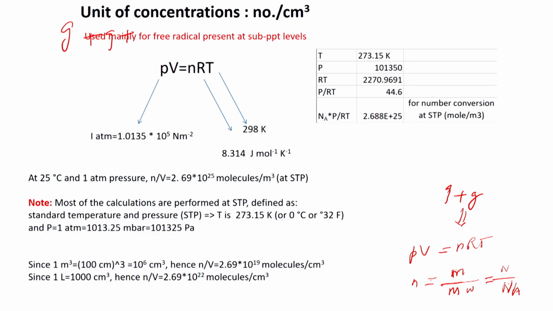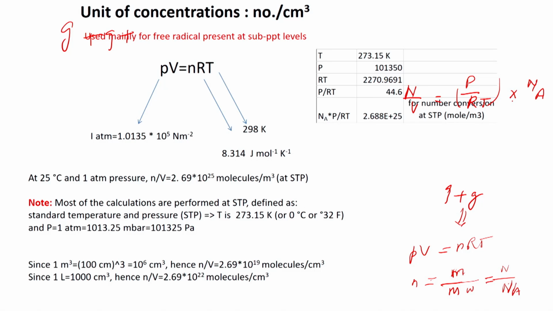So, for example, if I put this equation as n by Na, I can write n upon V equals P upon RT, and you multiply by Na, because I am just arranging the equation.